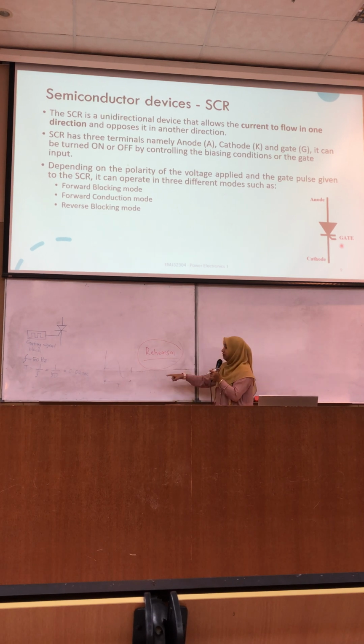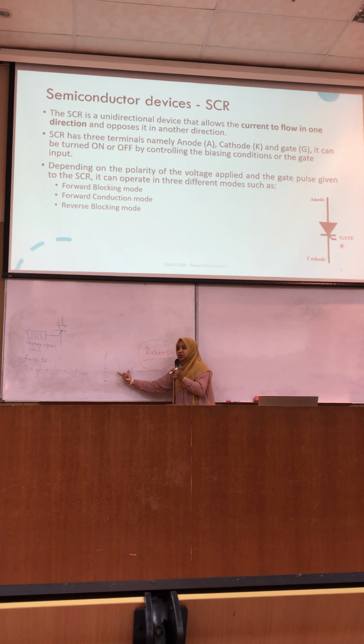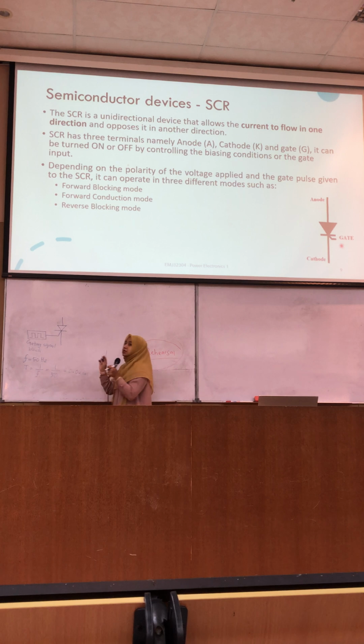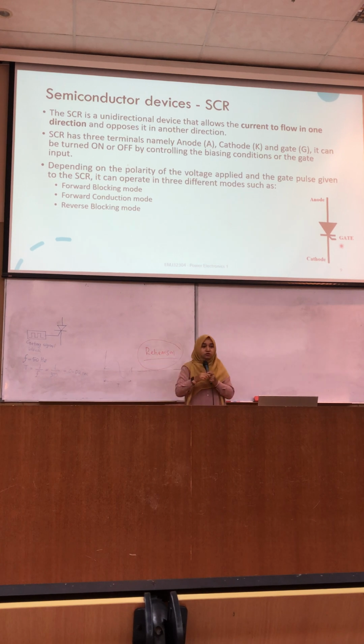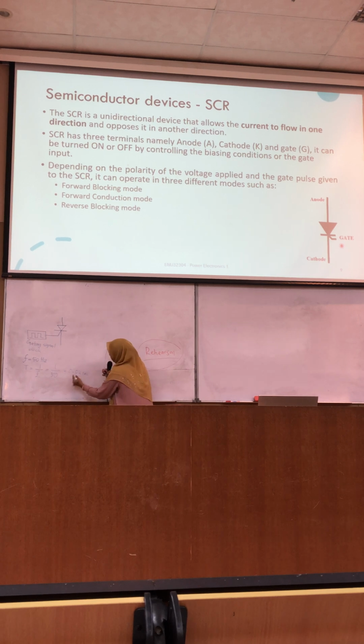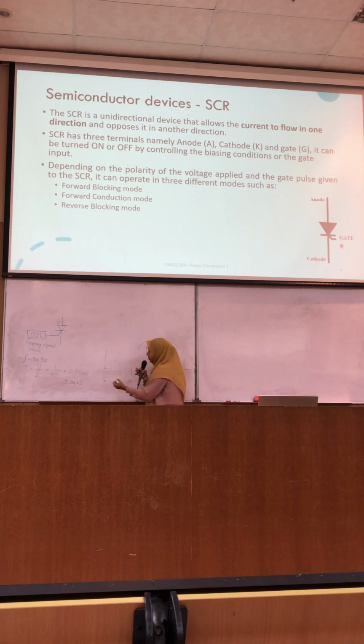If you want 2 cycles, you will have twice of this sinusoidal wave. And if in simulation you are required to simulate for 2 cycles, you just multiply: one cycle is 0.02, so you multiply by 2 in order to get 2 cycles.